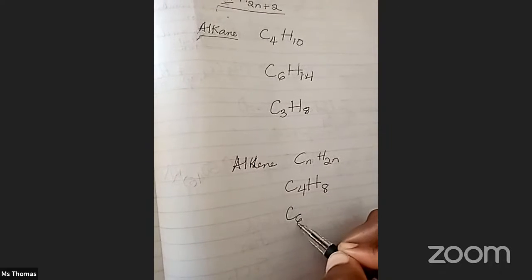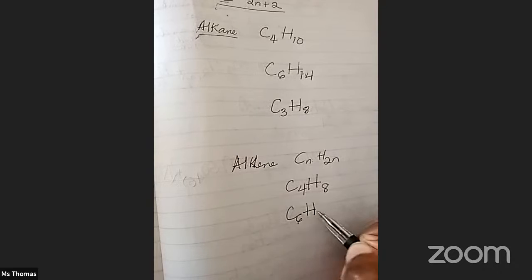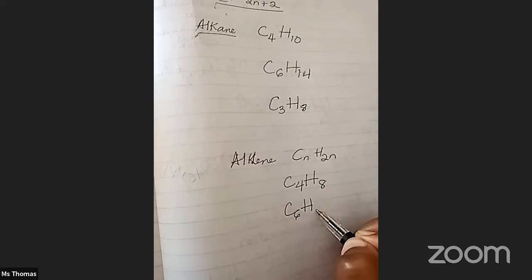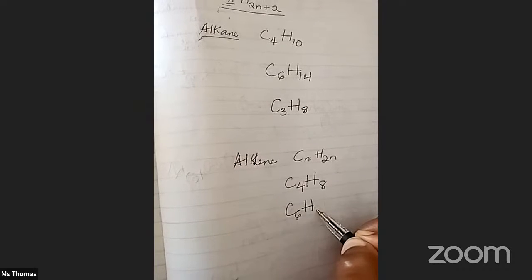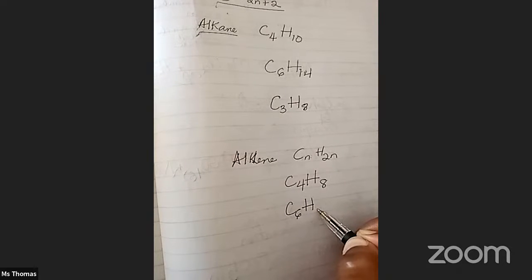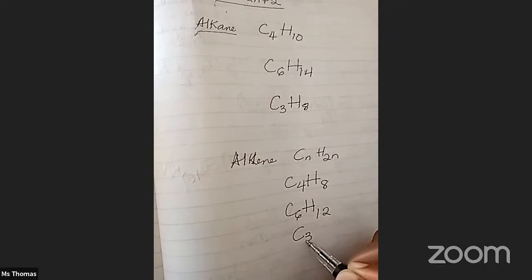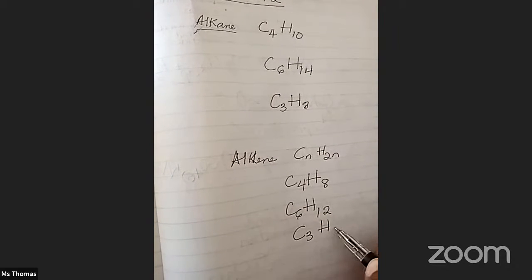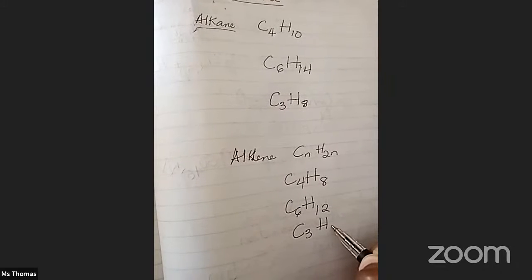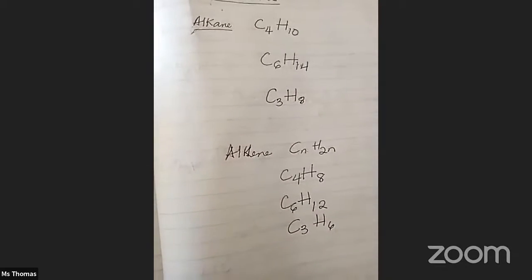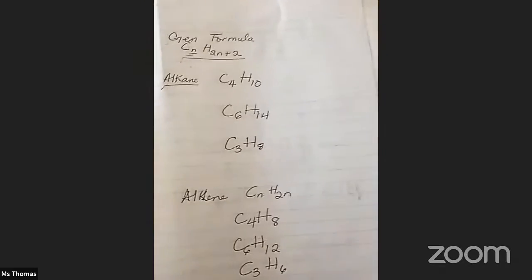If you have 6 carbons, how many hydrogens would you have? 12. And if you had 3 carbons, how many hydrogens would you have? 6. All right, so that is it for alkenes.